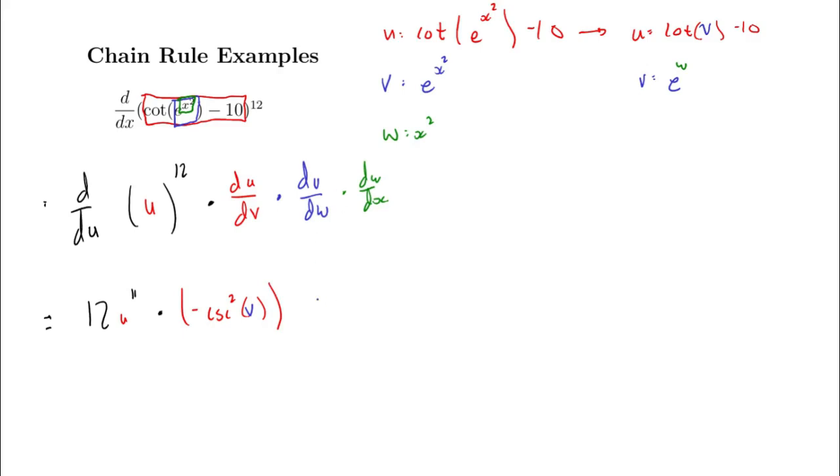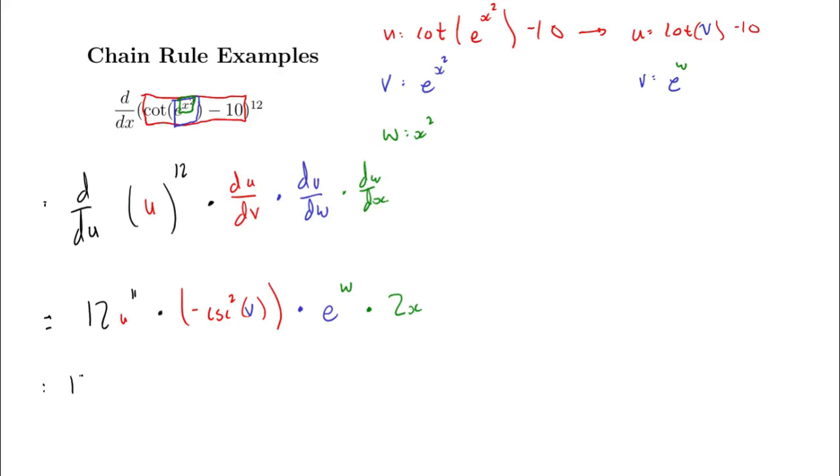Then what we'll do is we'll multiply that by the derivative of v with regard to w, so that's e to the w, it stays the same. And then finally we have the derivative of w with regard to x, that's 2x. Now we can go ahead and just plop everything back into place, put u in for u, put v in for v, put w in for w, and we'll make sure that we have only x's left over.